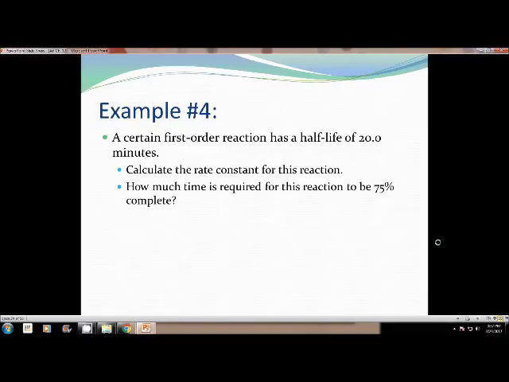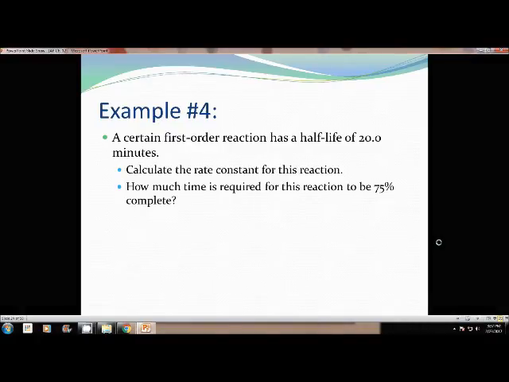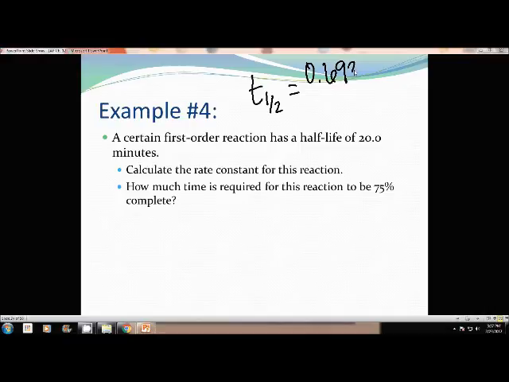Okay? So let's use that equation for example 4. For a certain first order reaction, it has a half-life of 20 minutes. So we need to calculate the rate constant. Well, if I know that my half-life is equal to 0.693 over k, I can plug in 20 minutes and find what k is for the first part.